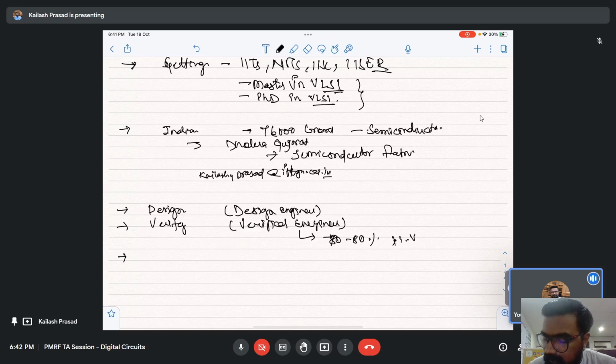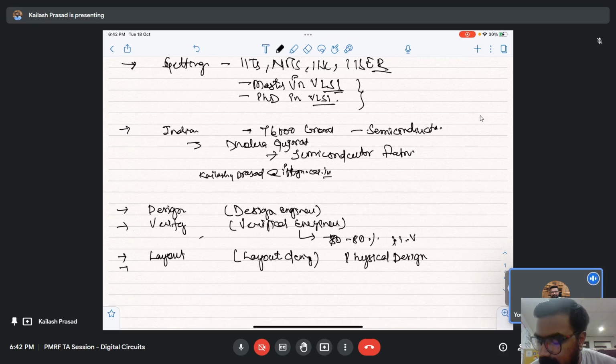Now after you verify, what you make is what we call a layout, right? Whatever you want to fabricate, that is the job of a layout designer, or what we call a physical designer, PD engineer, physical design engineer. After that, you have to verify whatever layout you make, right?